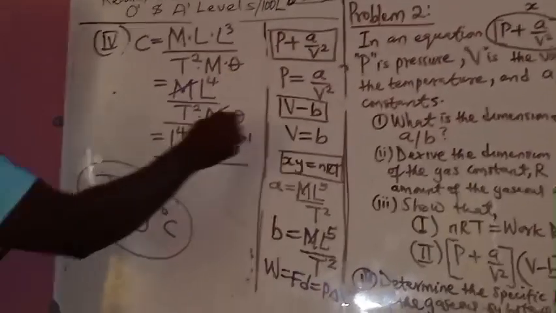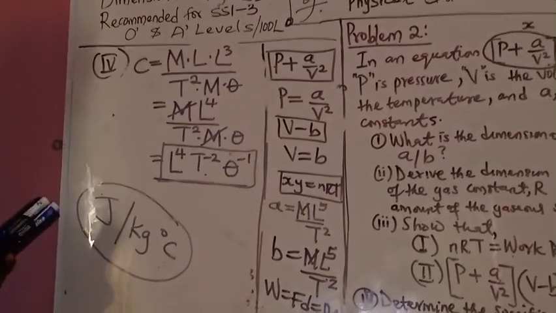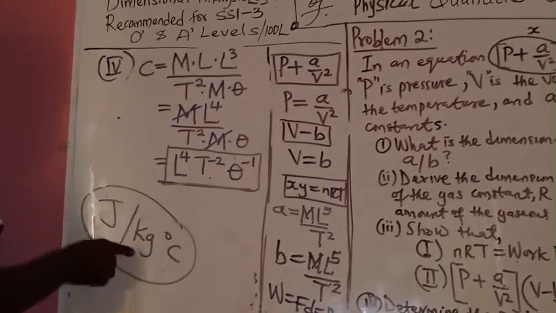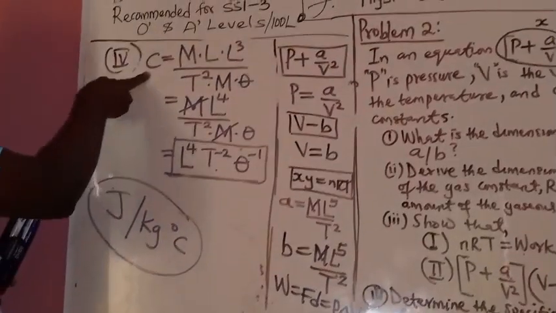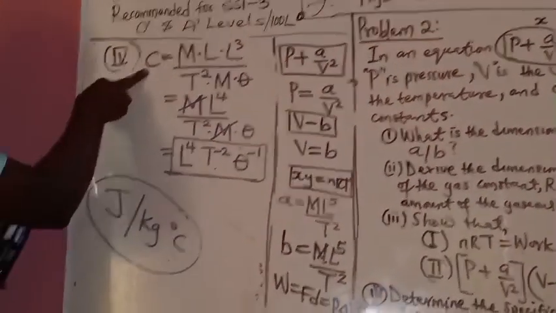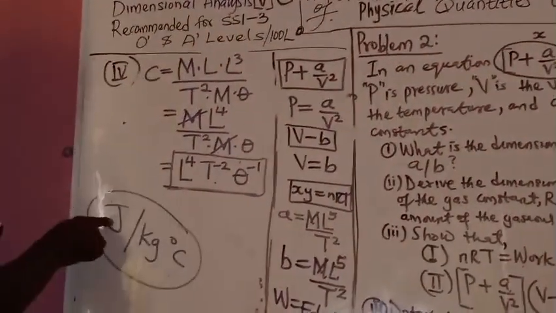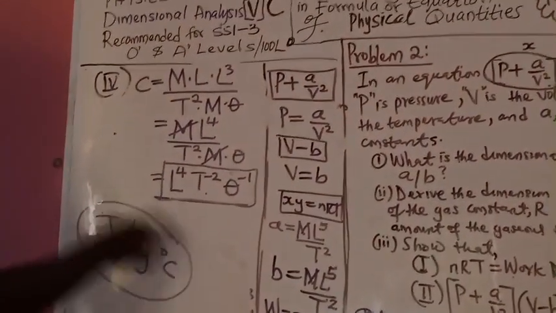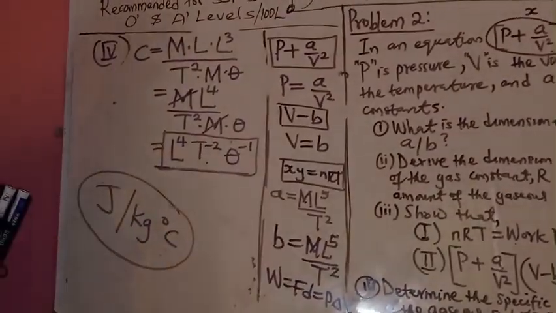That's what it means, because this is the dimension of specific heat capacity. Joule per kilogram per degree Celsius is the SI unit for specific heat capacity, and the dimension for specific heat capacity is this. If you break this down, joule is energy. Try to break it up, you will definitely arrive at this.